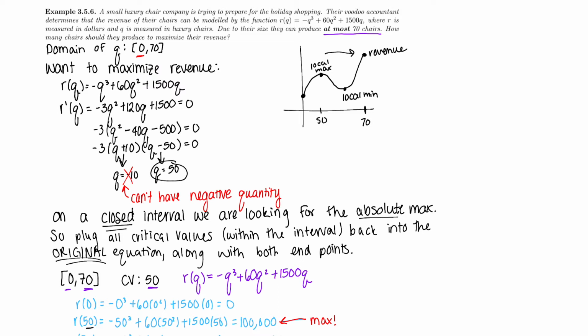Something interesting. Back when I was teaching business calculus at Ohio State, my math lab was the program they were using, and my math lab was a little bit broken on this particular type of problem. The program was so broken that if you had a problem like this and the maximum did occur at an endpoint, it wouldn't accept the endpoint as an answer, even though that was exactly what the problem was trying to teach you.